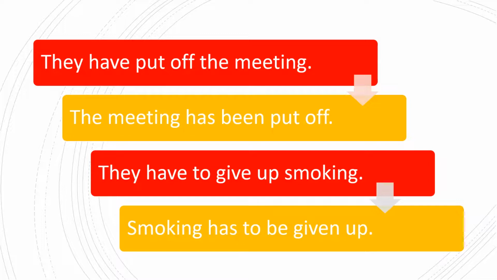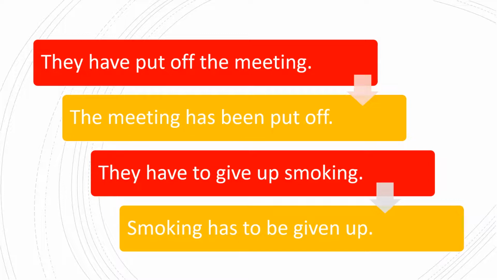They have to give up smoking. So the phrasal verb that we have here is give up. We change the sentence into smoking has to be given up. Here we have two different things. Have to, because it's a modal here, have to give up. We change it into has to be given up.